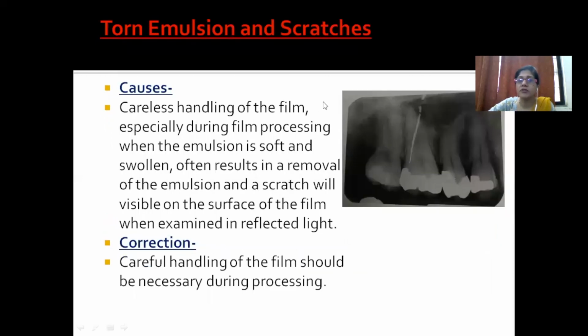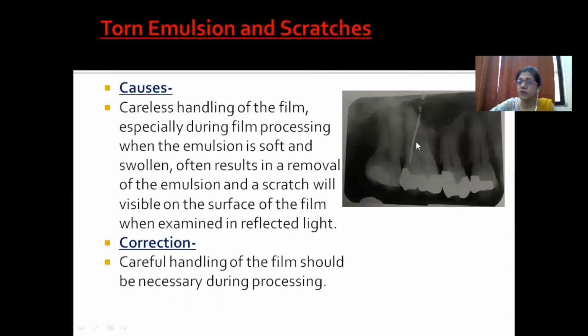Then torn emulsion and scratches. We all know that once you remove the film, it should be dried. Otherwise, what will happen? Careless handling of the film, especially during film processing when the emulsion is soft and swollen, results in the removal of the emulsion, and scratches will be visible on the surface of the film when examined in reflected light. You can see this line.